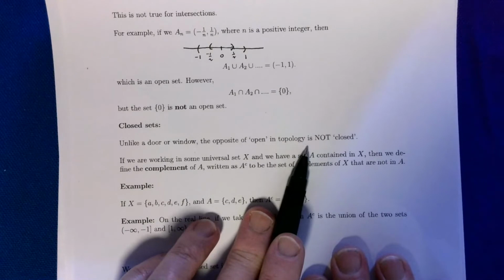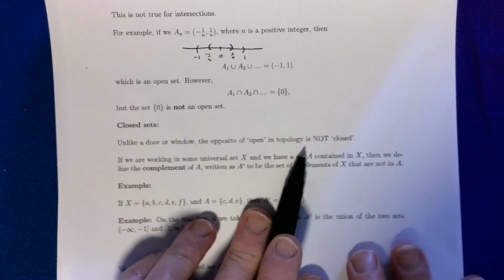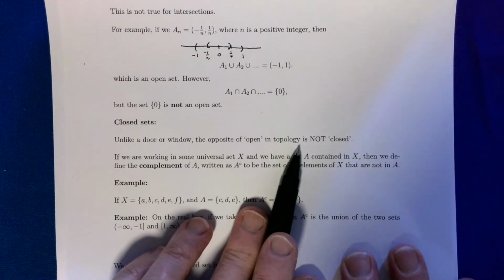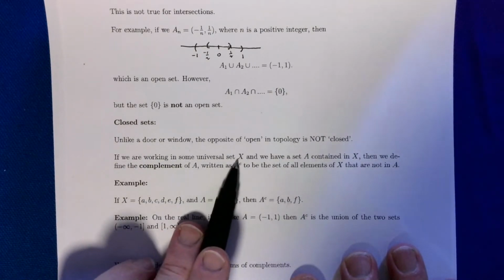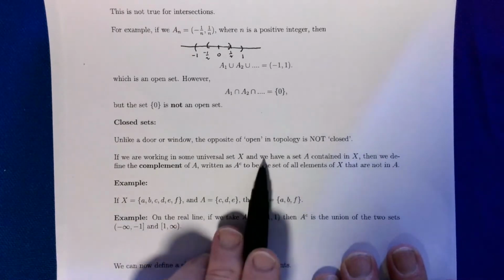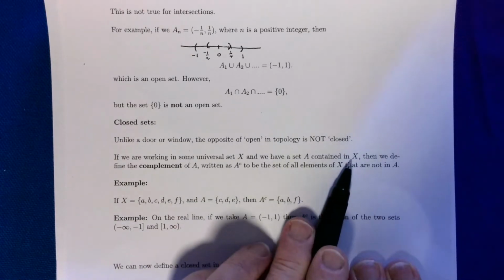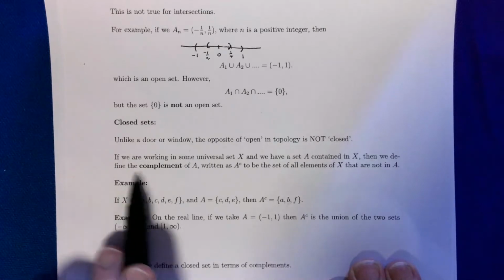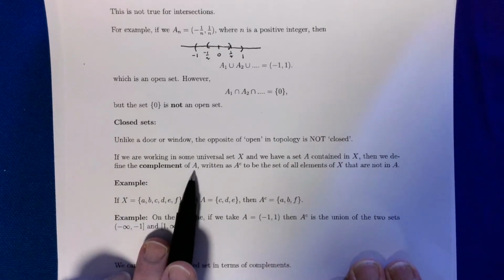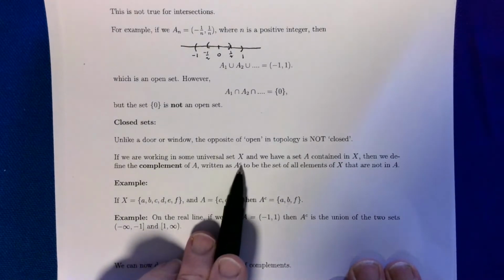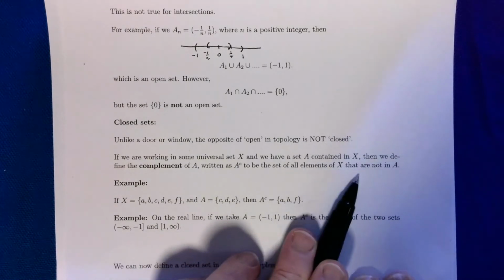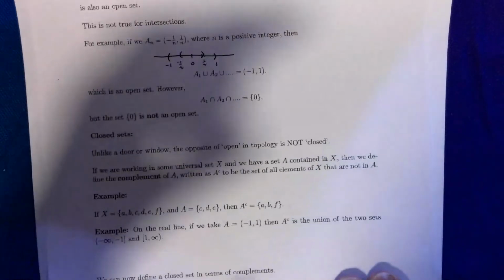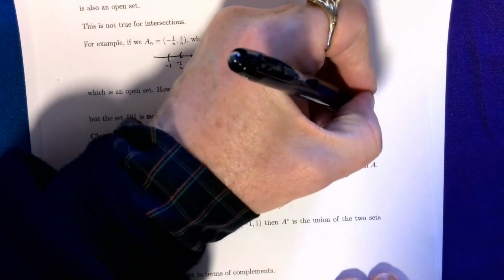Well, to do that, firstly, I just want to remind you, from set theory, what we mean by the complement of a set. So if we're working in some universal set X, and we have a set A which is contained in X, then we define the complement of A, which we write as A with a little c up the top, to be the set of all elements of X that are not in A. So you can think of it in terms of a little diagram here.